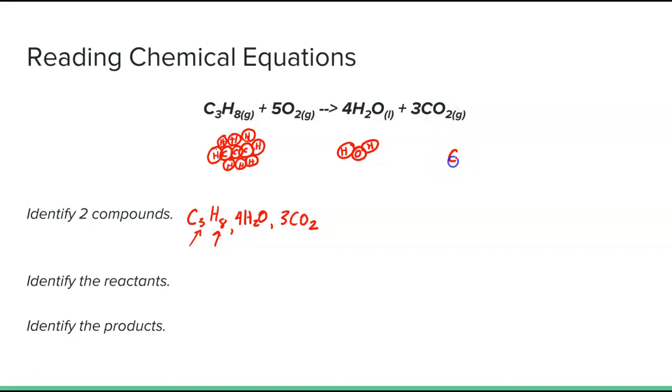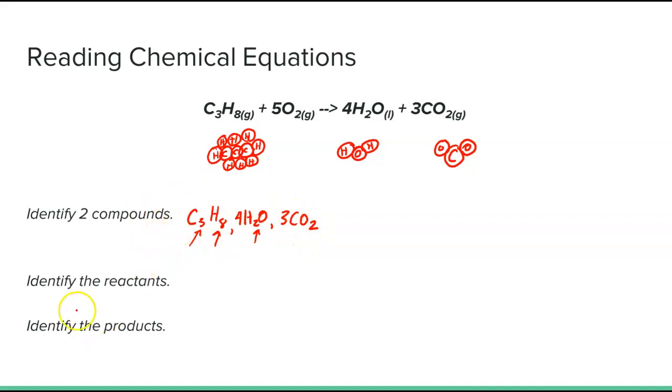I have C here and then 2 O's. Remember, I'm ignoring the big numbers, and I'm just looking at these small numbers. This tells me I have 2 hydrogens and 1 oxygen. Because there's no number here by the carbon, I'm going to assume I have 1 carbon and 2 oxygens.